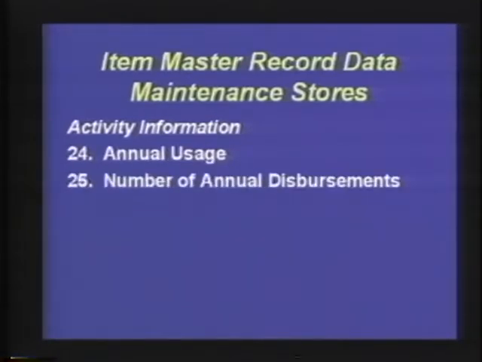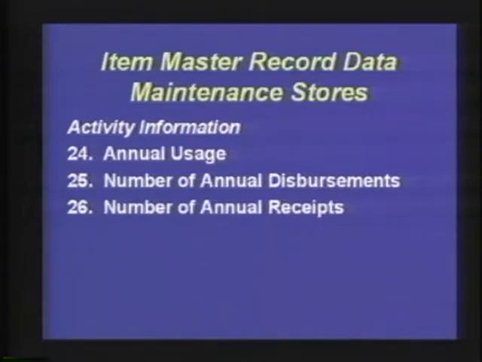And continuing on now to page number 10, the next subheading is activity information. And again, this data can be used by all 4 of the planning and scheduling activities. 24 represents annual usage. 25 is the number of annual disbursements.